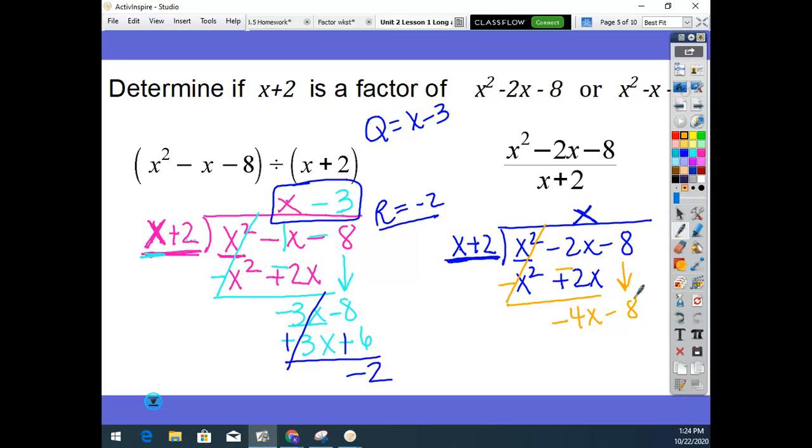Bring down the -8. What do I multiply x by to get -4x? -4. Take the -4, distribute it all the way across. -4 times x, -4x. -4 times 2, -8. When you draw the line, change the signs. This goes in evenly. So my quotient is x minus 4 with a remainder of 0.